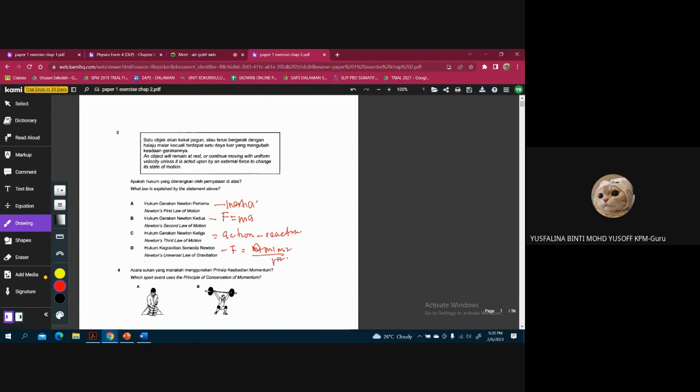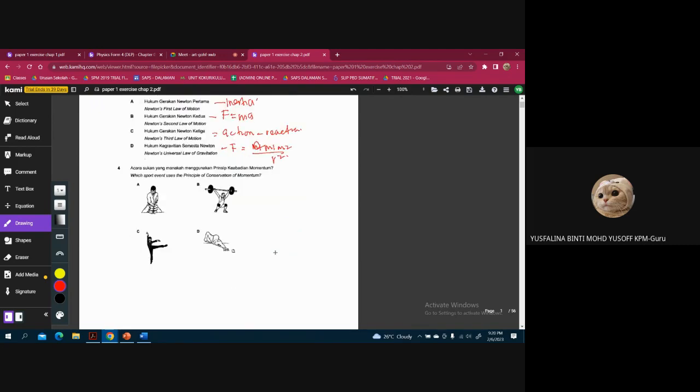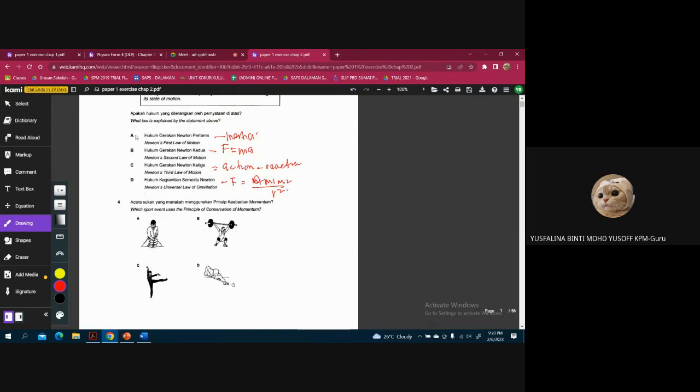So Newton's third law is chapter 3, which means the answer cannot be D. So in the exam for physics, for chemistry and biology I'm not sure, some of them arrange it according to the level of the question, making the first ones easy, then medium, then hard ones at the back. But physics now we arrange by chapter. So the answer cannot be D. So this one is A.